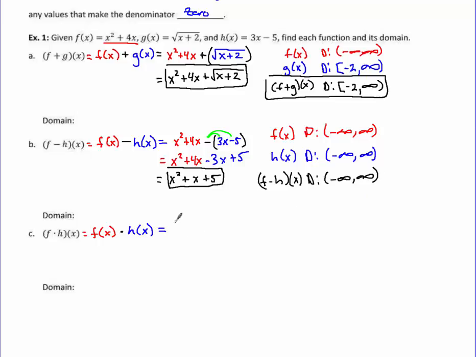That's going to equal, parentheses, x squared plus 4x, close our parentheses, times 3x minus 5, and close our parentheses. So this is just like any other problem we've done before. We have to do FOIL. So we'll do first, outside, inside, and then last.